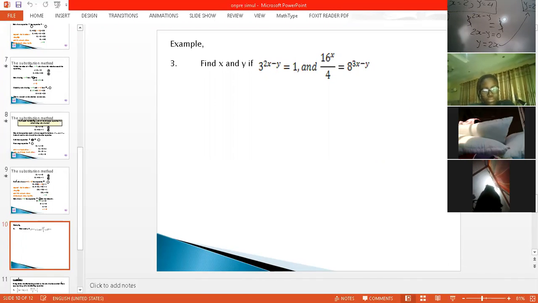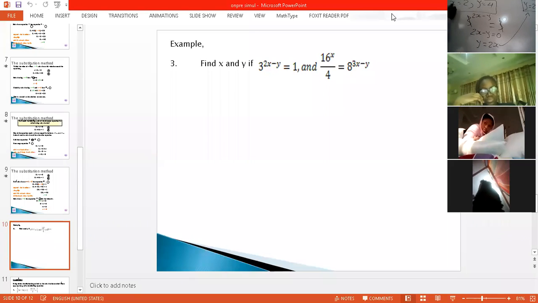So bear that in mind and keep it somewhere, because you're going to substitute y equals 2x into the other equation after you have linearized it. Is that clear? Now, let us consider the second equation.